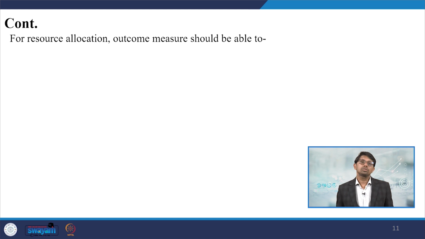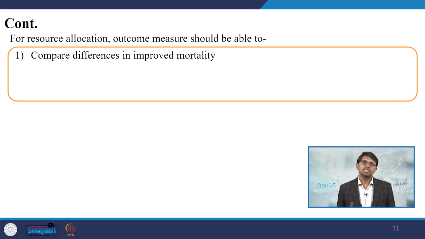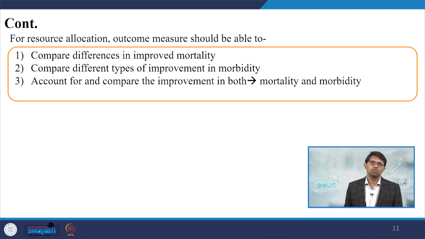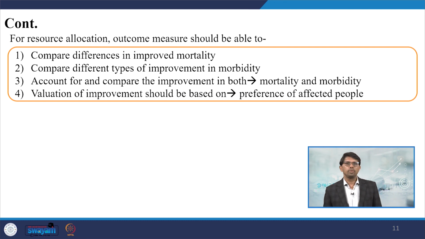For resource allocation, outcome measures should be able to compare the differences in improved mortality, and compare different types of improvement in morbidity. They should account for and compare the improvements in both mortality and morbidity, and the valuation of improvement should be based on the preference of affected people.